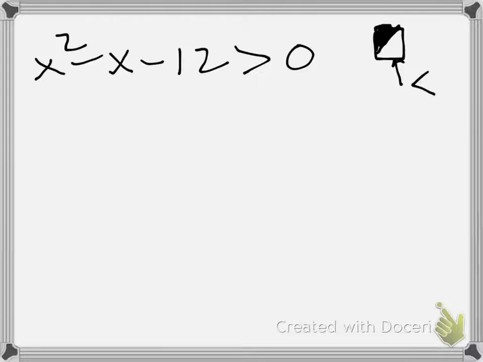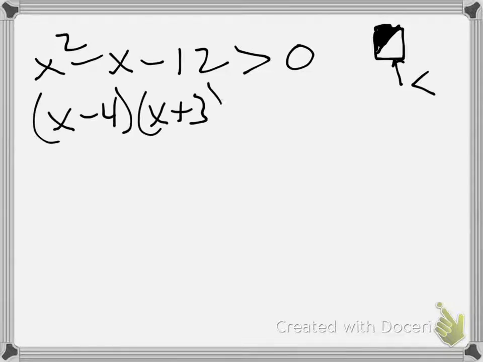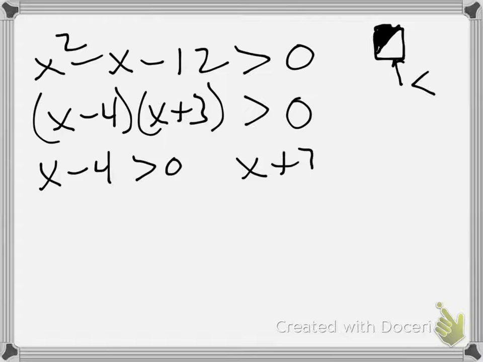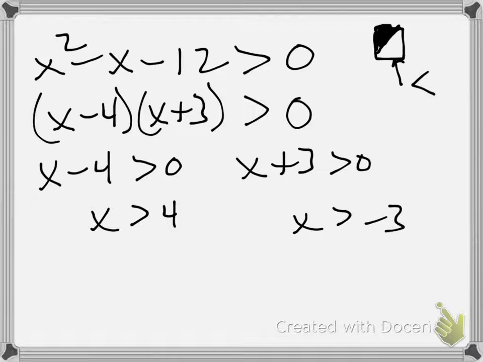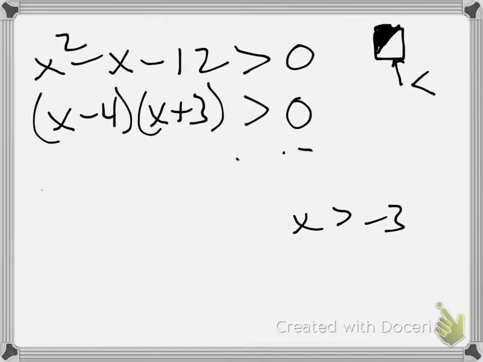If you were to solve it algebraically, you'd have to factor that. So you'd have to do x minus 4, x plus 3 greater than 0. Okay, so again, you have two inequalities, x minus 4 greater than 0, x plus 3 greater than 0. So x is greater than 4, x is greater than negative 3. Okay. Now, let's pretend that we didn't even solve that way.